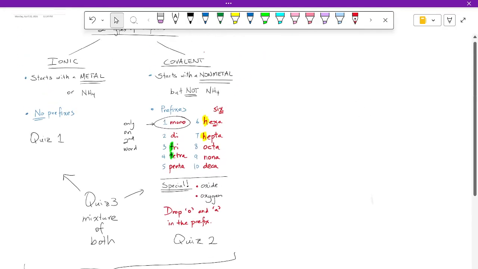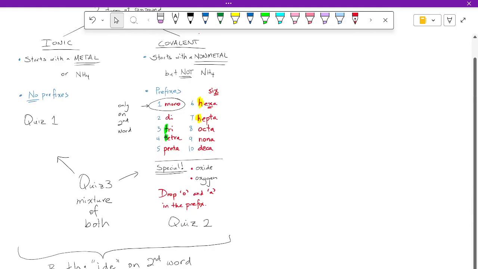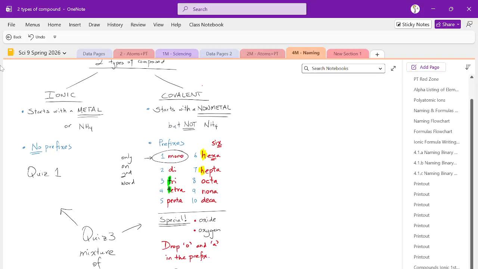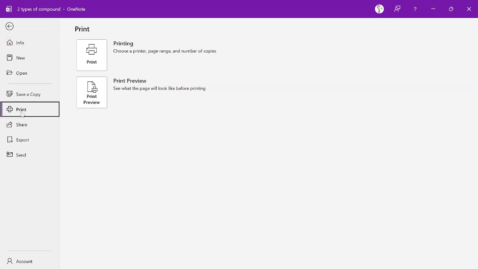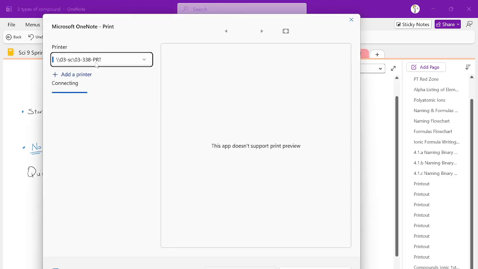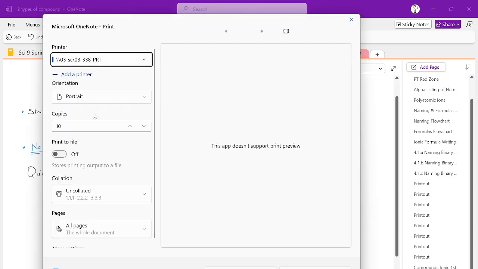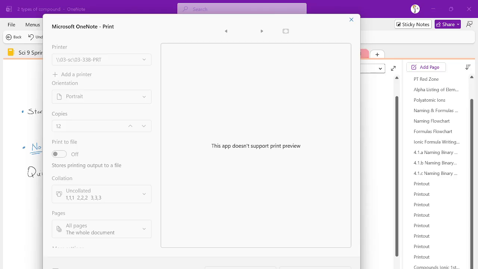Would anyone like a printout of these notes? 1, 2, 3, 4, 5, 6, 7. Okay, I'm going to make like 12. All right. Okay.